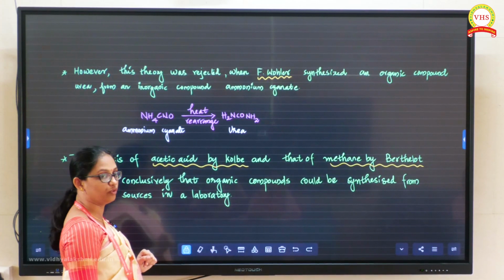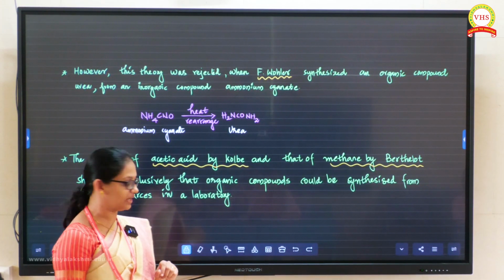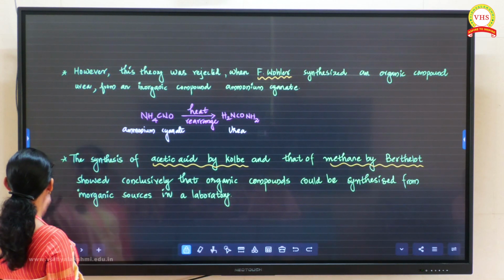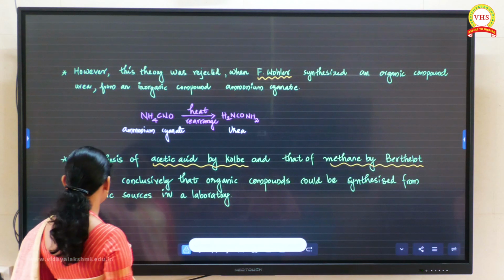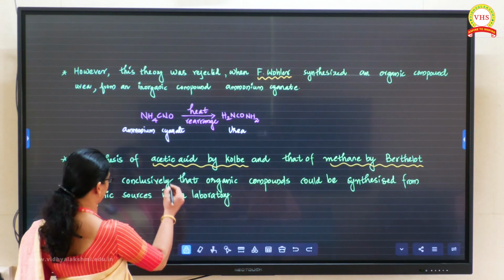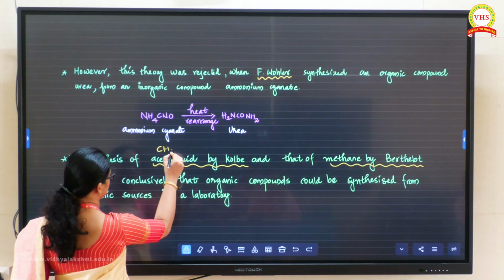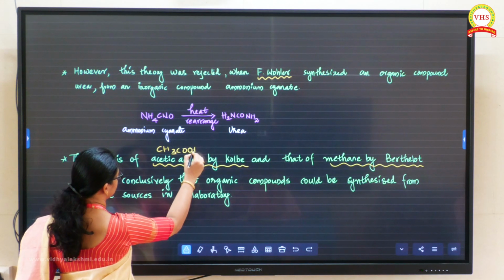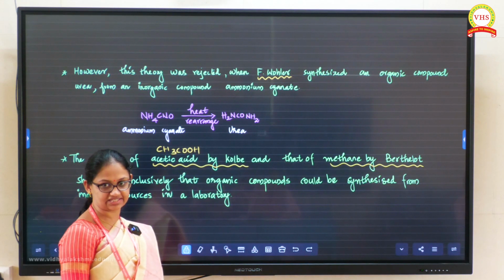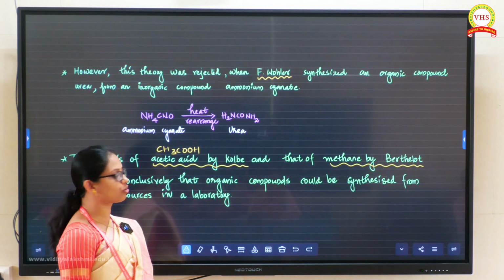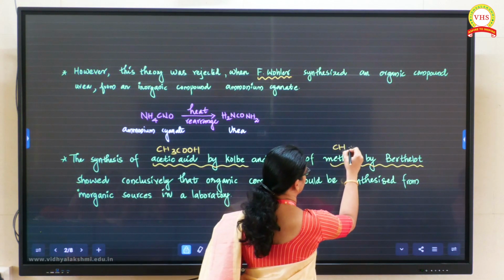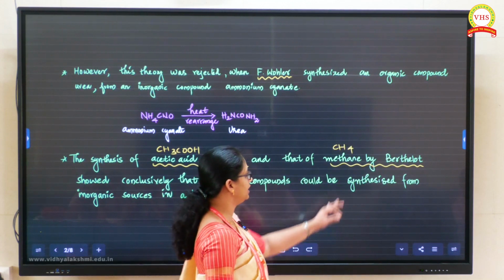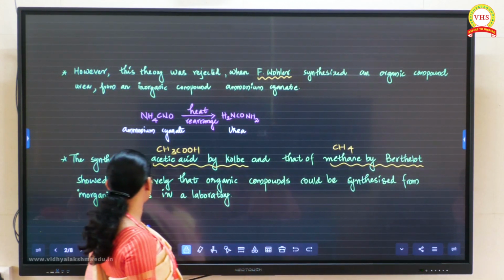The synthesis of acetic acid. What is the formula of acetic acid? The formula of acetic acid is CH3COOH. It is prepared from carbon and hydrogen. And methane, another organic compound, that is CH4, was prepared by Berthelot.